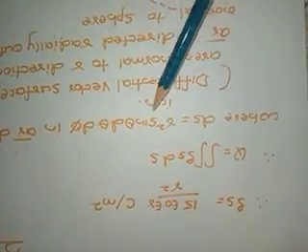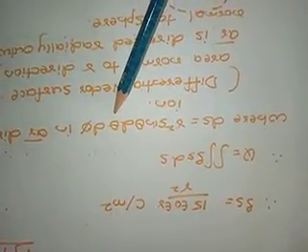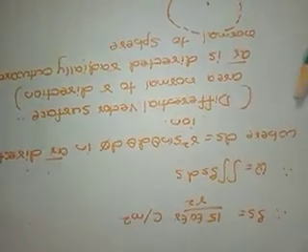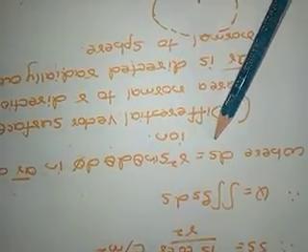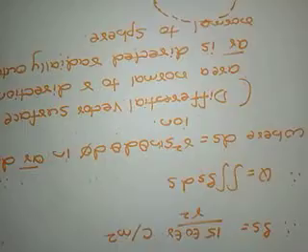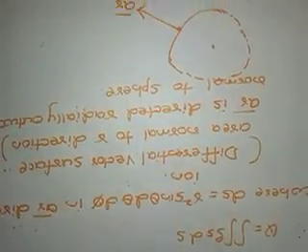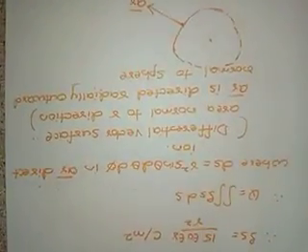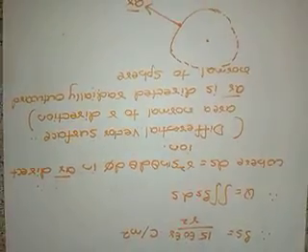This ds is equal to r square sine theta d theta d phi in a_r direction. We get this equation from the first module, where we studied the spherical coordinate system, when we were studying the three coordinate systems: Cartesian, cylindrical and spherical.